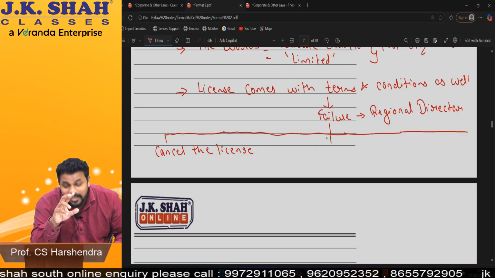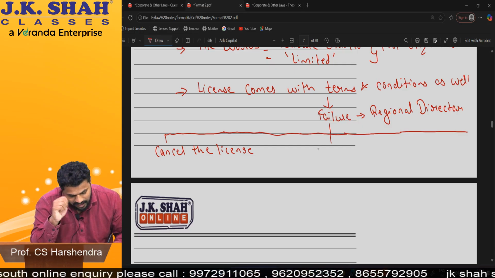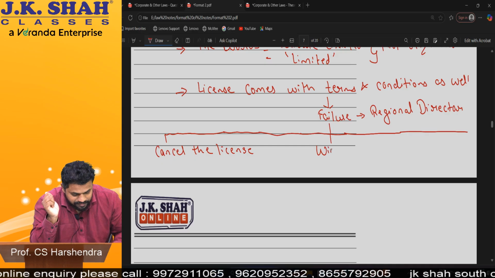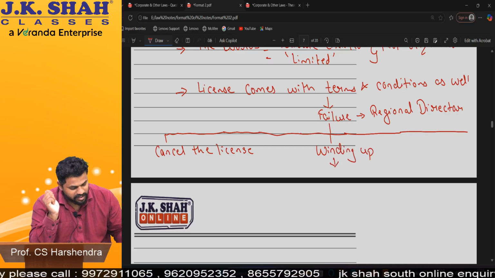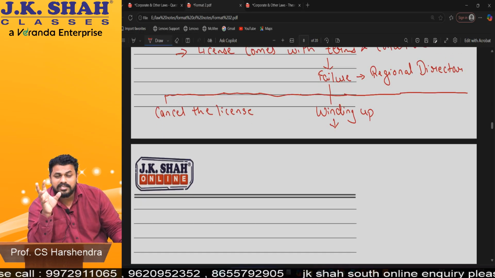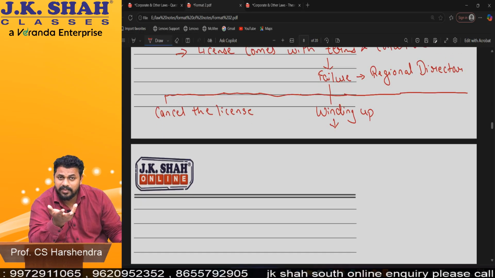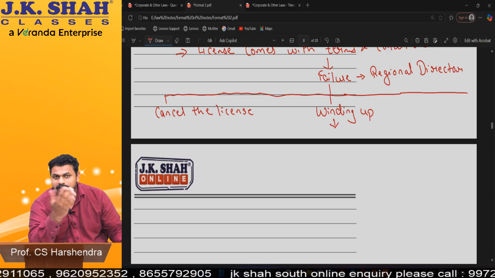So at that time, the regional director may order winding up of the company, and after winding up, beta, all the assets are sold, debts are paid, and anything surplus is remaining. Will it go to the members? No, the members are already in profit.